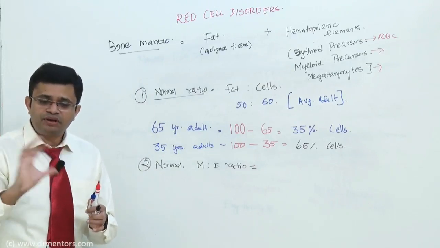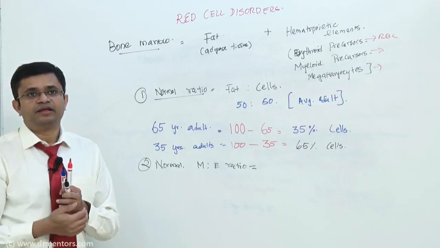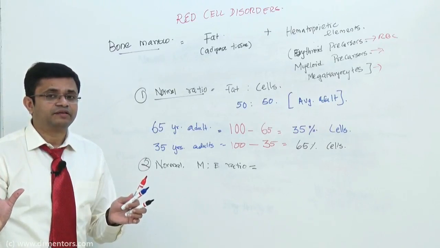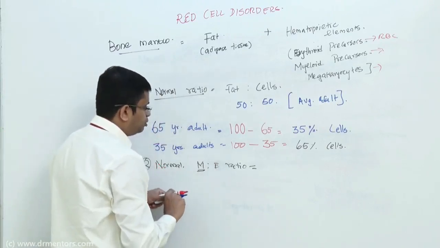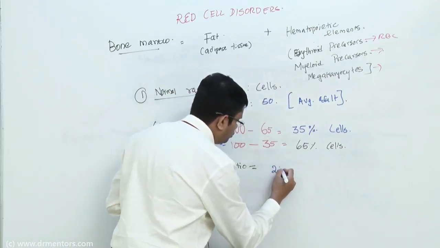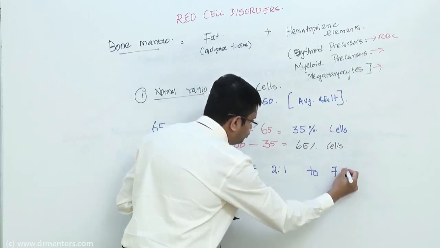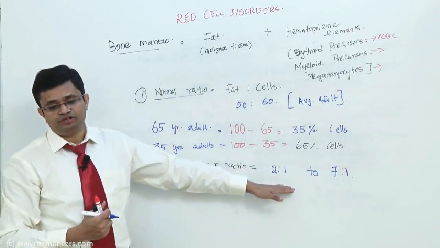What is the normal range of the myeloid erythroid ratio? I want you to understand that the dominant one is myeloid. So the normal expected ME ratio is 2:1 to 7:1.